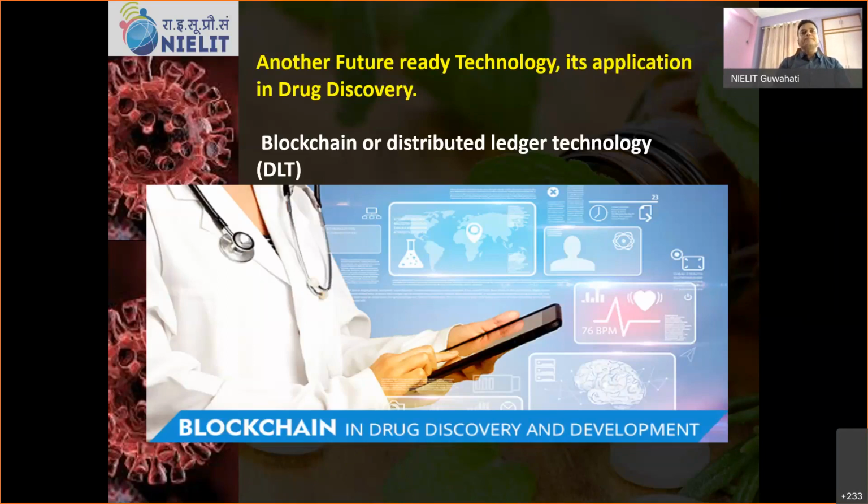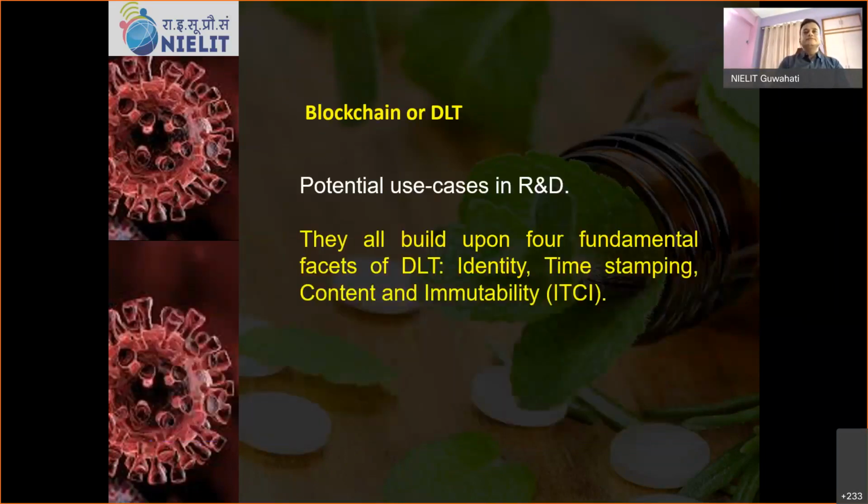If you read some of the papers, you will definitely come to know it is not very complex. I'm just giving a glimpse of it so that you can capitalize on this. So, potential R&D use of blockchain and deep learning technologies.